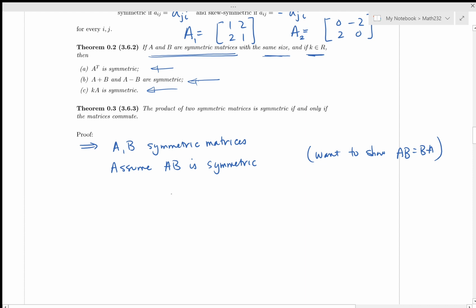So let me take a look at AB transpose. AB transpose is equal to B transpose A transpose. That's a property of the transpose we saw a few lectures back. And that is equal to BA, because B and A are both symmetric.